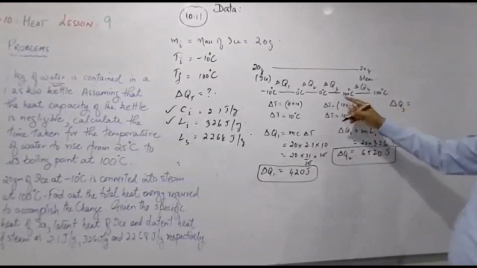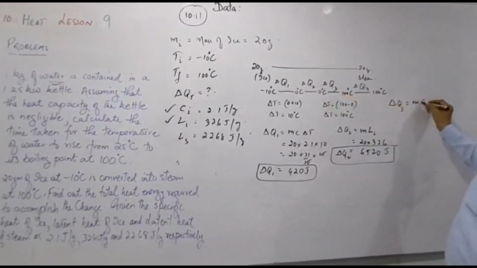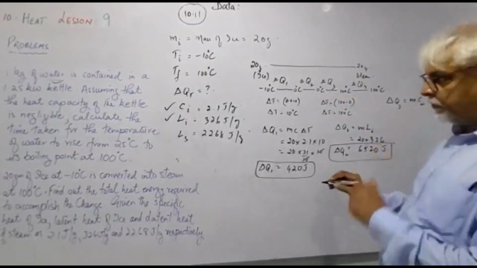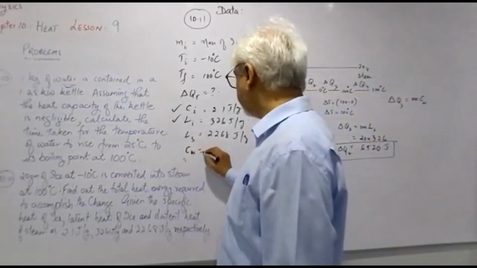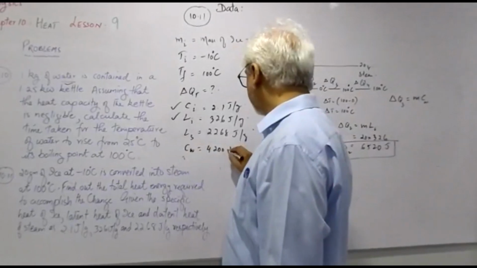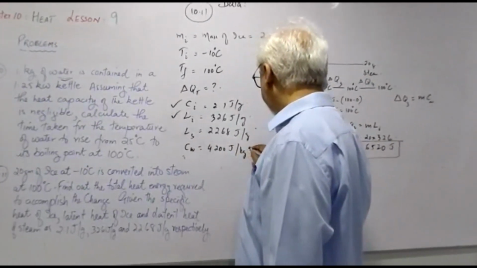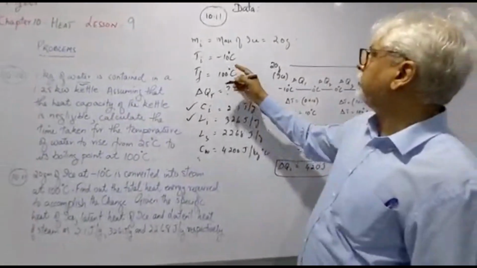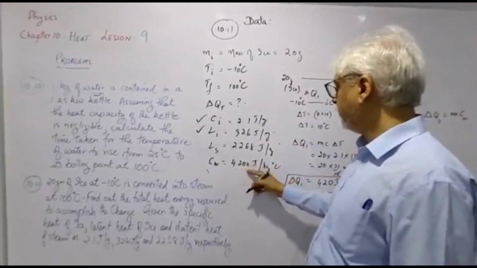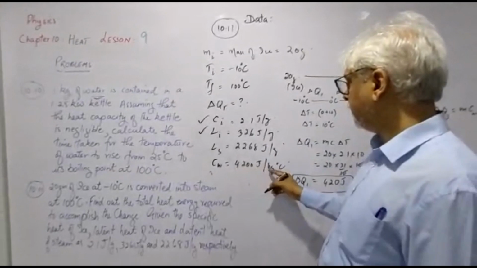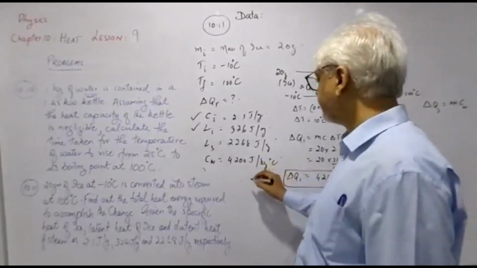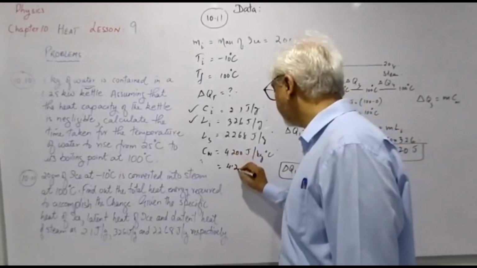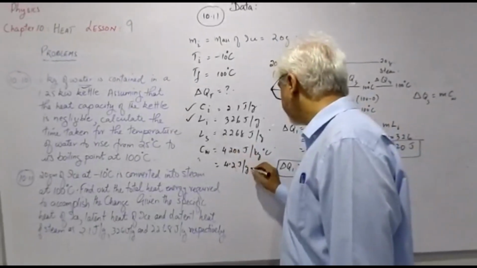We then move on to the next step. Delta Q3 is equal to, here there is a change in temperature, so we take the specific heat of water. You know the specific heat of water is 4,200 joules per kilogram per degree centigrade. Since the mass is given to us in grams, we'll convert this into joules per gram per degree centigrade, dividing by 1000, which gives 4.2 joules per gram per degree centigrade.